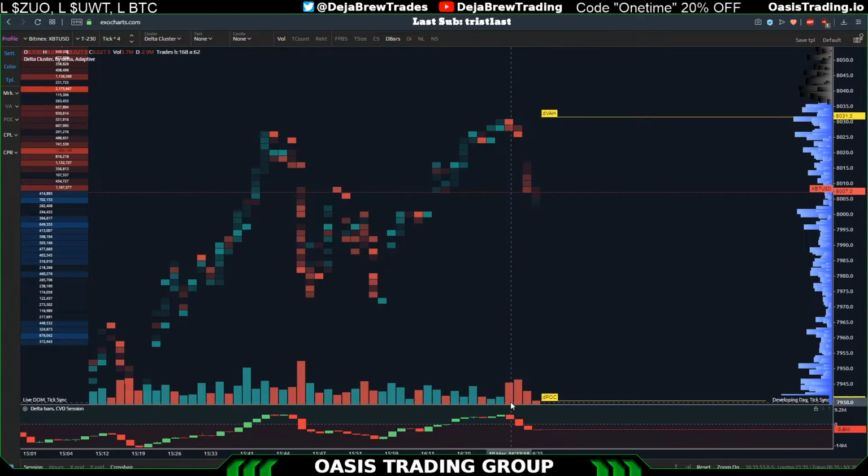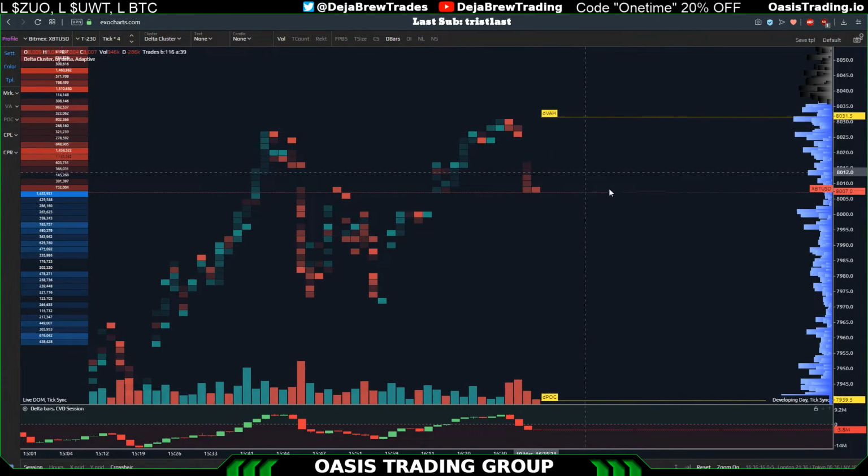You saw the volume spike up and engulf the last 1, 2, 3, 4, 5, 6, 7 bars. All of these bars have no volume. That little 2 bar there had more volume than all of their peaks. So that showed you that the sellers were protecting that level.